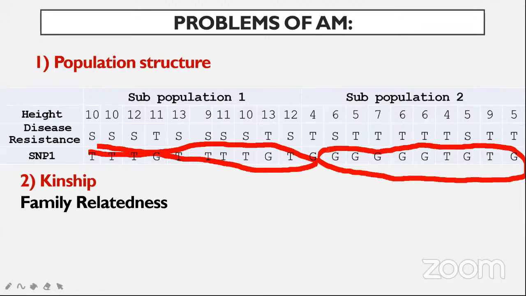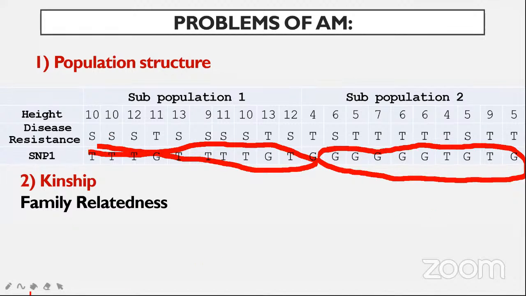Due to environmental variation or other factors, you have height generally greater than 10 here, and for subpopulation 2, you have less than 10. And you have disease resistance mostly susceptible for subpopulation 1 and mostly tolerant for subpopulation 2.